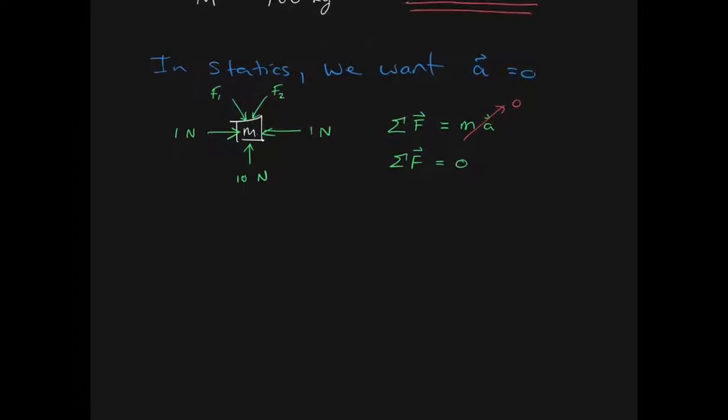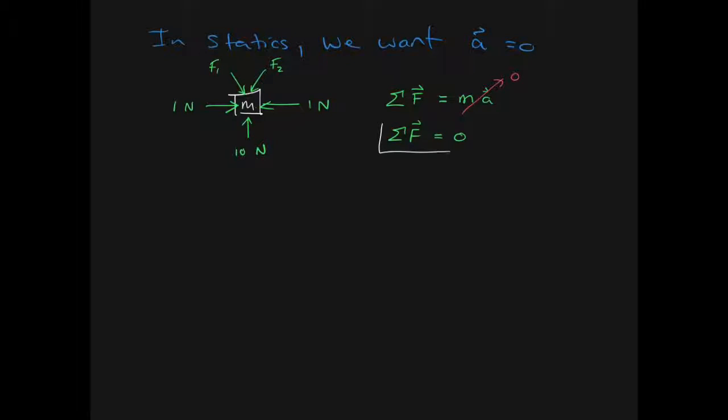The first part of statics is going to be focused on making sure the sum of forces is equal to 0. What this deals with is translation, motion in a straight line, or if you're dealing with a particle, it's not going to rotate. But when you have to deal with rotation, we're going to introduce something called moments, and we want the sum of moments to be 0.